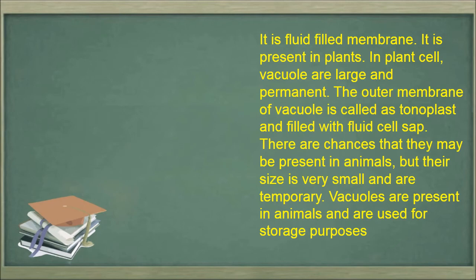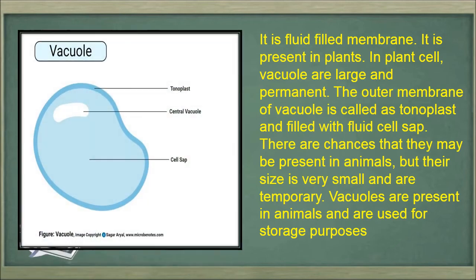Vacuoles are the next cell organelle that we need to study, and they are present mainly in plant cells. In animal cells we don't find this cell organelle, and if at all it is present, it is very small in size. It is a fluid filled membrane-bound structure. In plant cells, vacuoles are large and permanent.